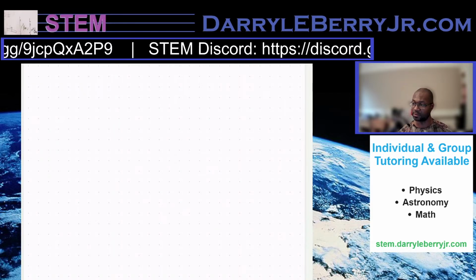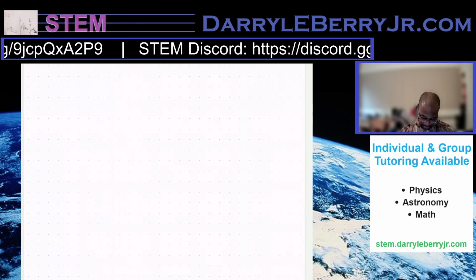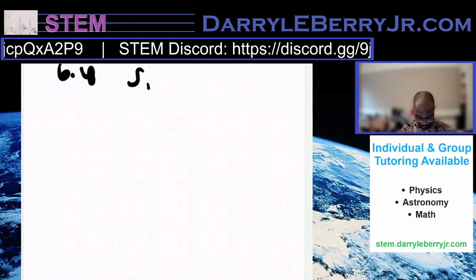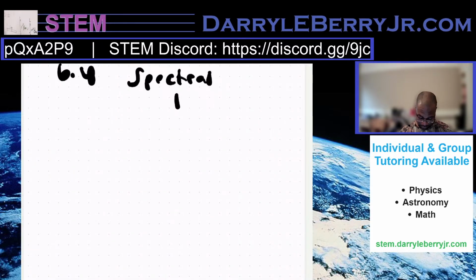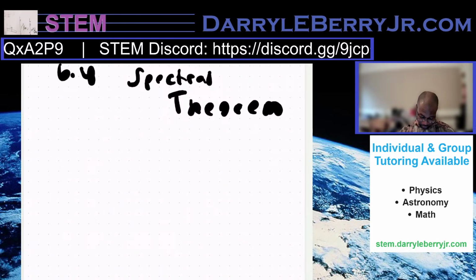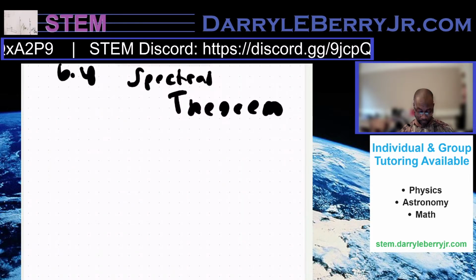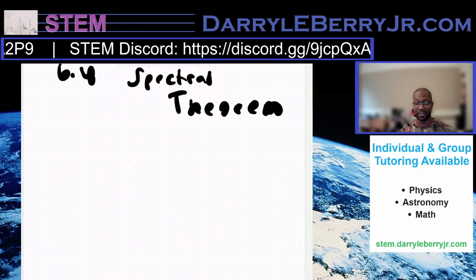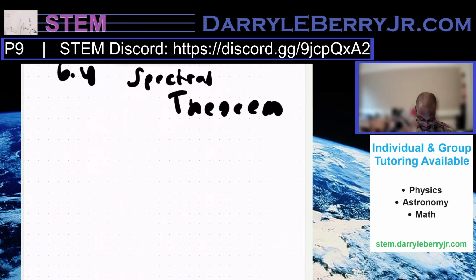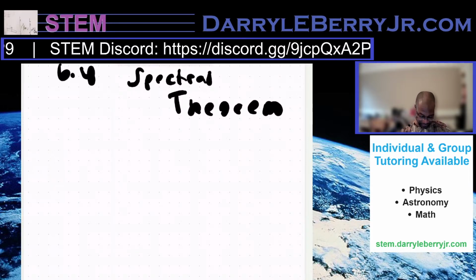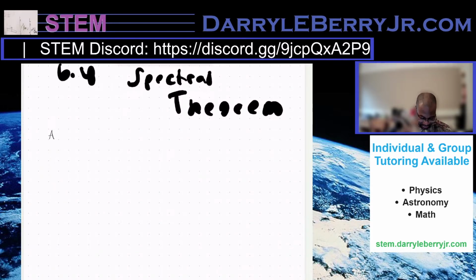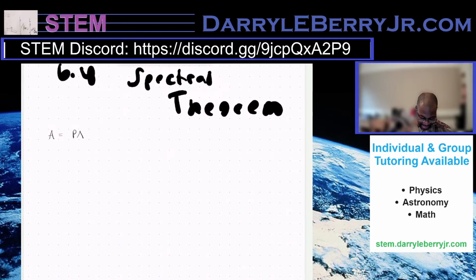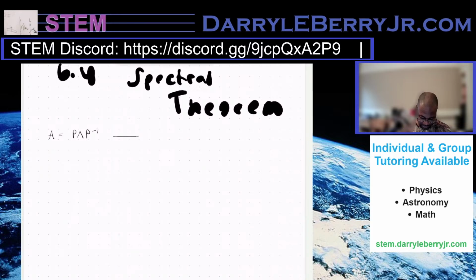And I'll do mostly pad today. So we're in 6-4, Spectral theorem. It says we now turn to the study of a large class of diagonalizable matrices. And to remind ourselves of the formula for diagonalizing a matrix, basically A equals P D P inverse.